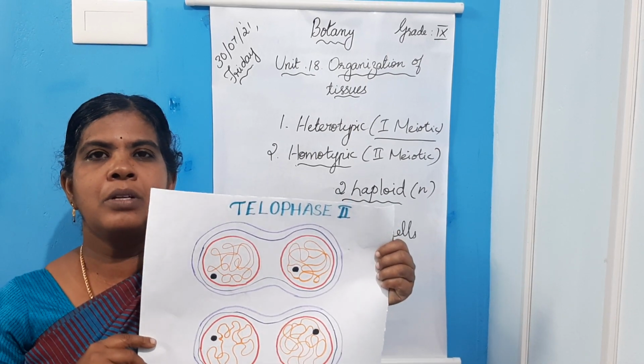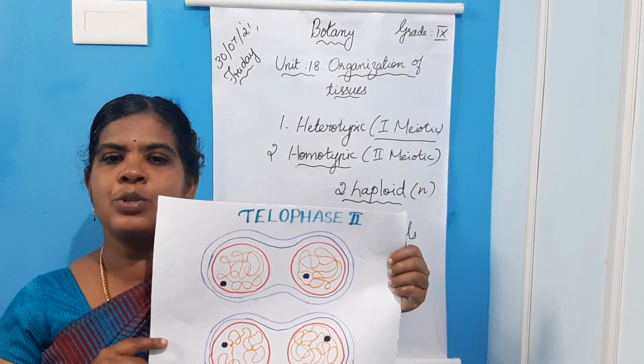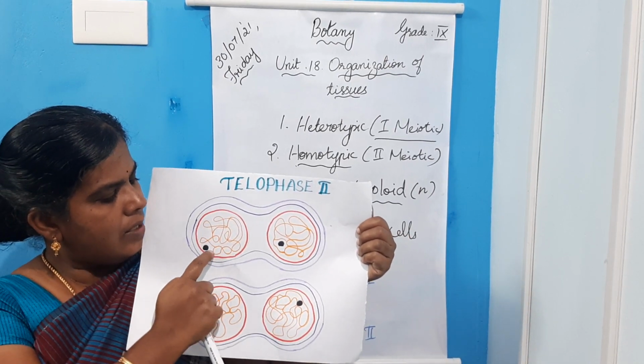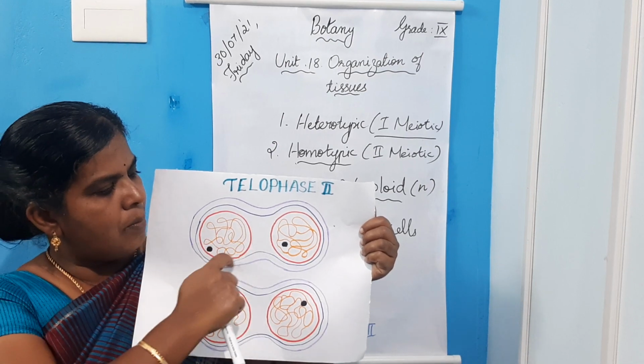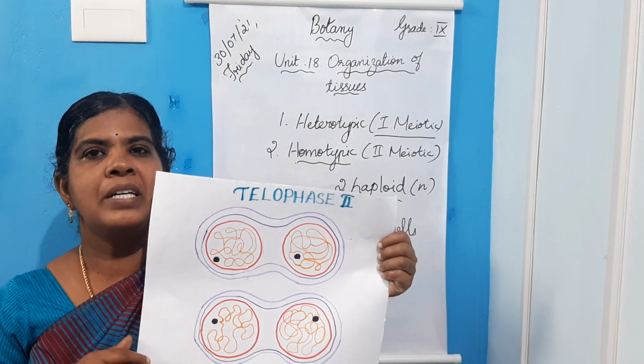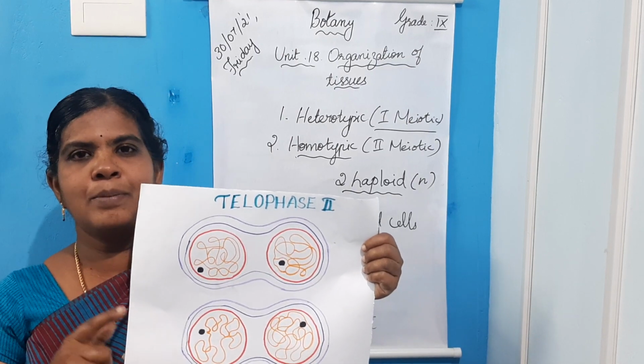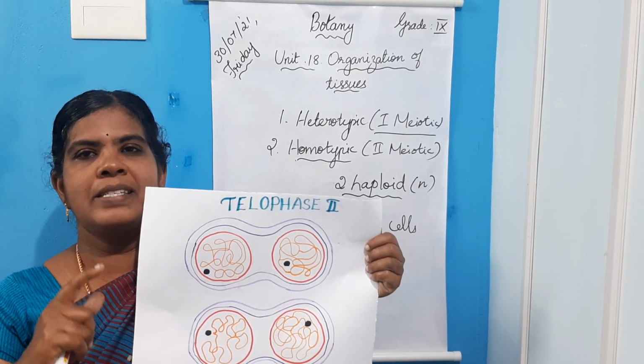What happened during telophase 2? The daughter chromosomes are centered and the nucleolus and nuclear membrane start to appear inside the cell. So this takes place during the telophase stage.